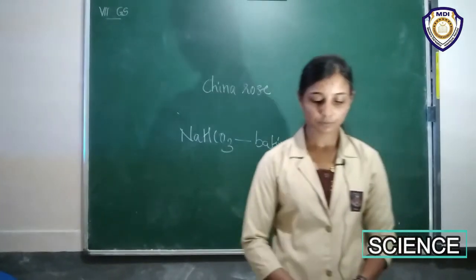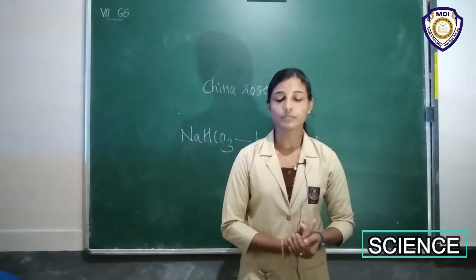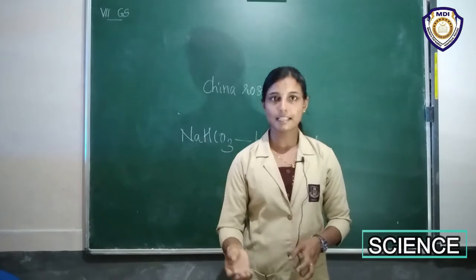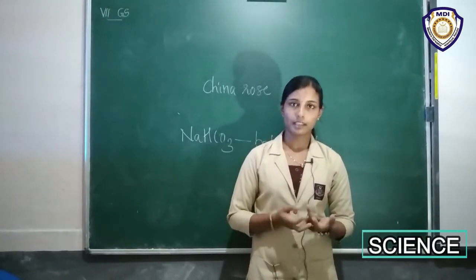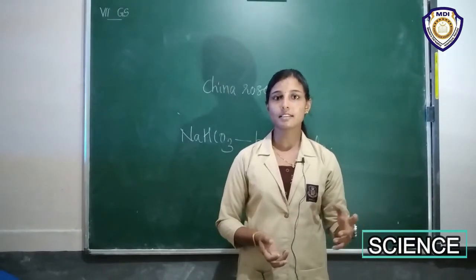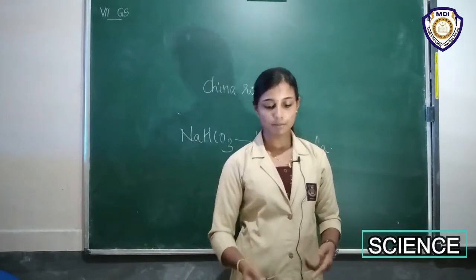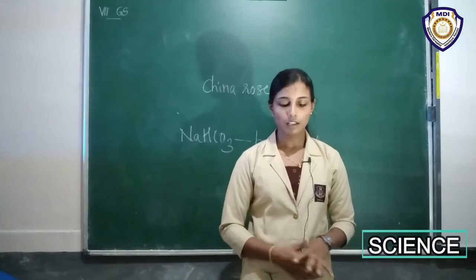So we have to check the effect of these solutions on litmus and turmeric indicator and also the China rose indicator. We have to check how these indicators indicate the nature of these substances, that is hydrochloric acid, sulfuric acid, nitric acid, acetic acid, like that.